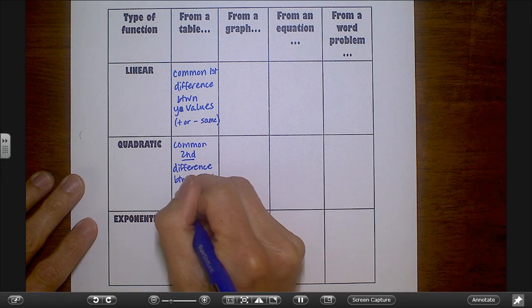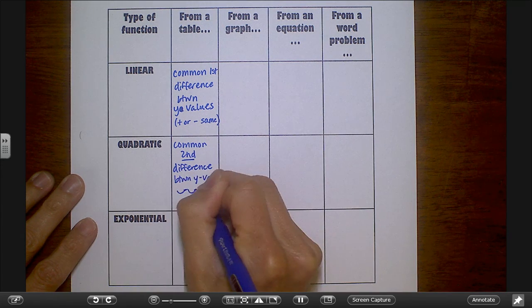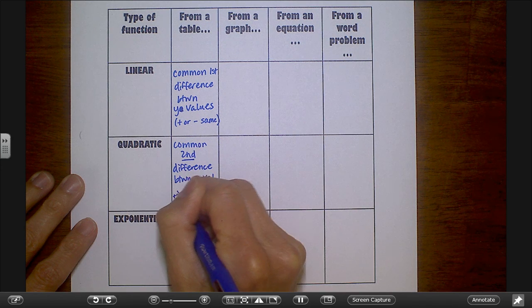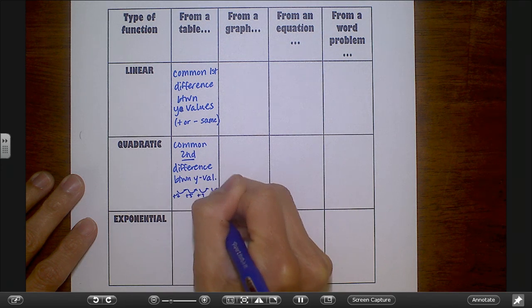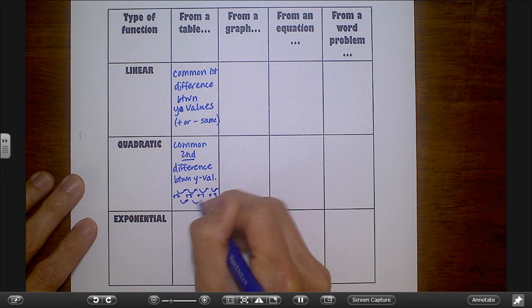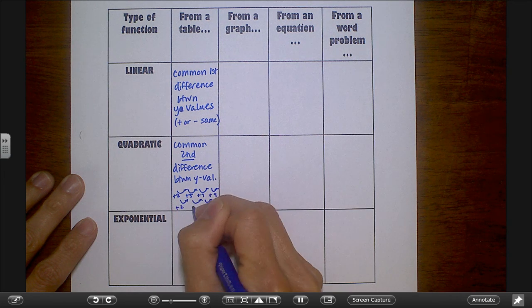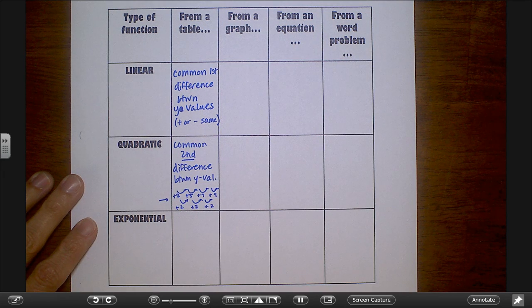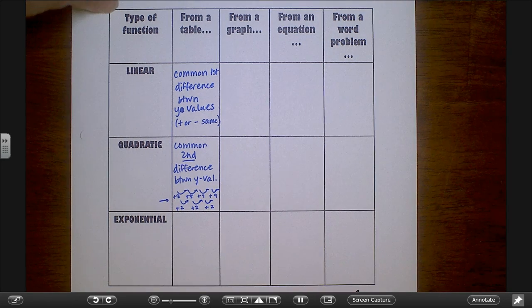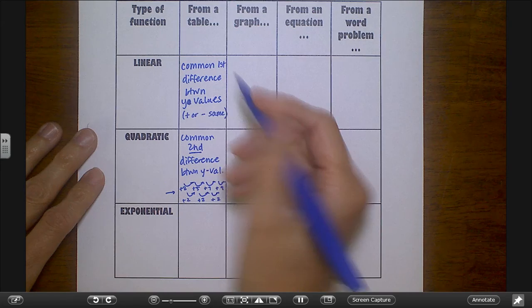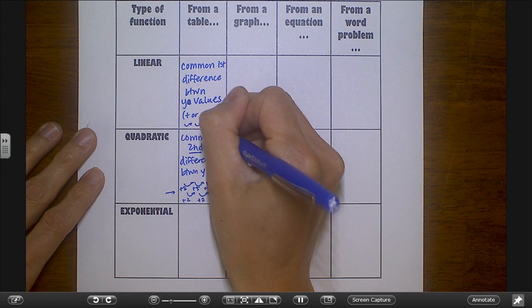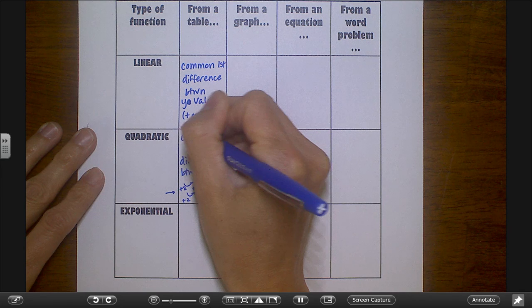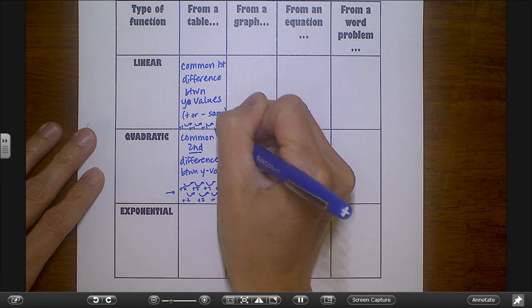The first time you might find +3, +5, +7, +9. But then if you do it again, you'll find +2, +2, +2. So that's what it means to have a common second difference, okay? And again, your common first difference is when you do it once and find +1 every time.